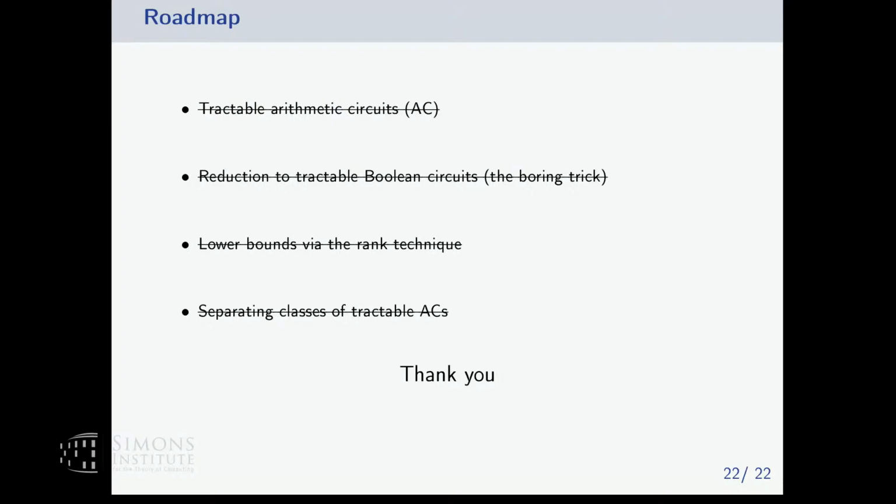For arithmetic circuits, the obvious reduction to Boolean circuits works only in some settings, but you can find techniques that work in the settings where you have negative weights. And once you find a result, you can always use it to prove some separation between classes of arithmetic circuits. There are still some separations that I don't know about. So there are still a lot of open questions on tractable arithmetic circuits when you have negative weights. Otherwise, we sort of know how to analyze them. Good. Thank you.